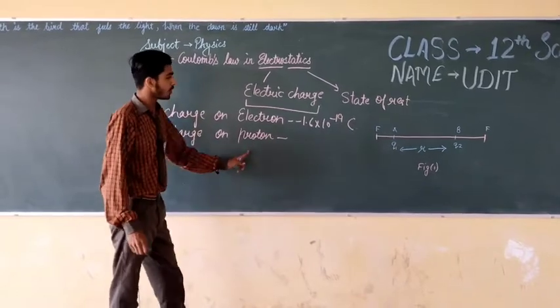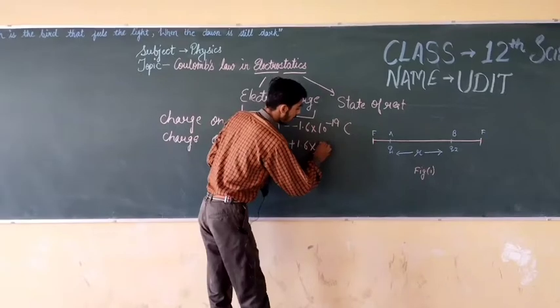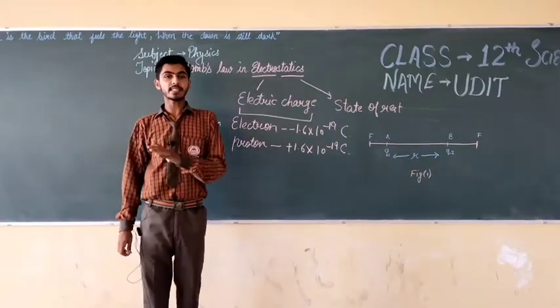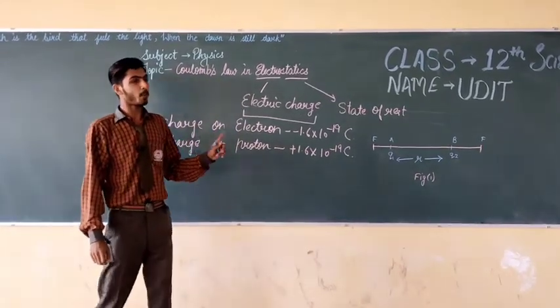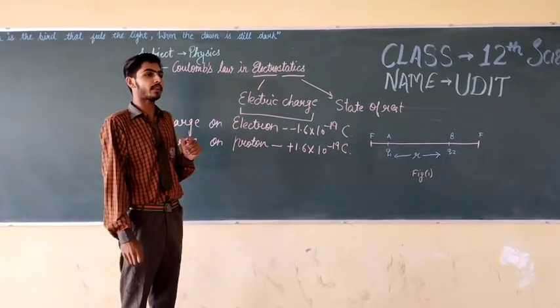And charge on proton is plus 1.6 into 10 raised to power minus 19 coulomb.